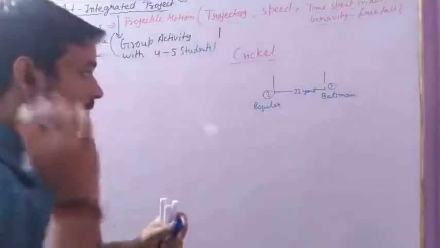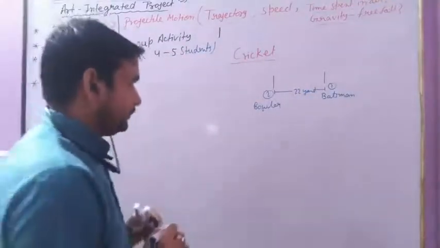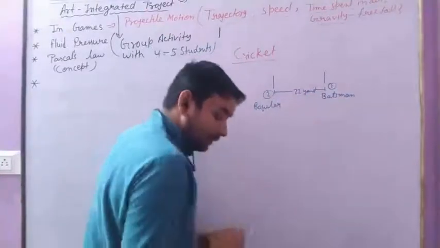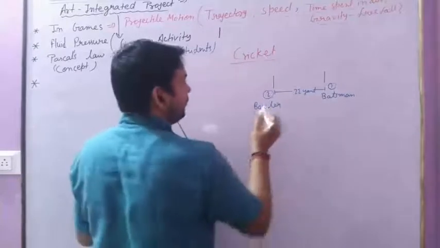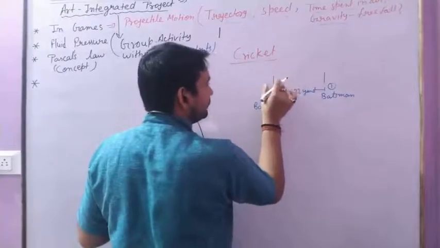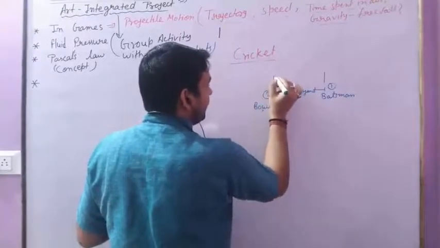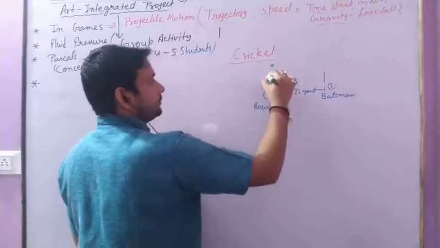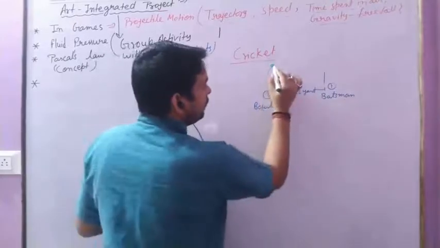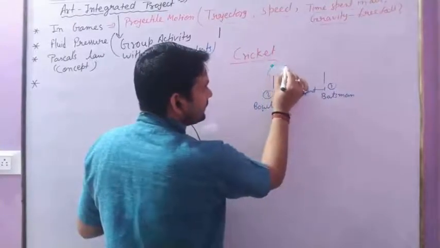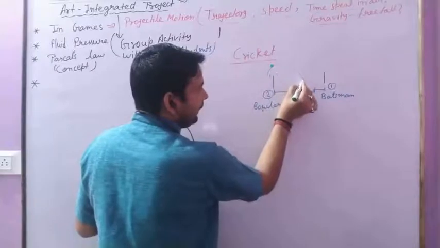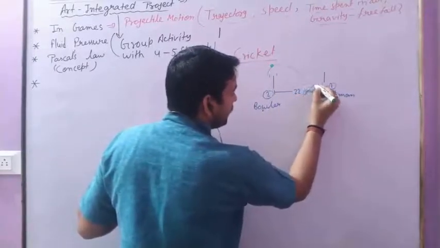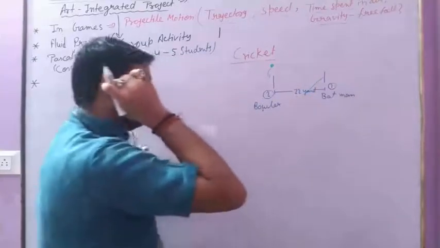Now suppose a bowler delivers the ball from this end, from this point. You will observe that the ball moves like that, and after some time hits the ground and moves towards the batsman.